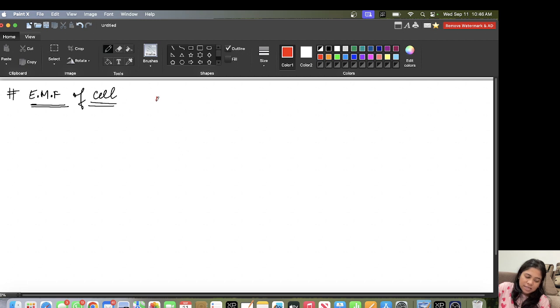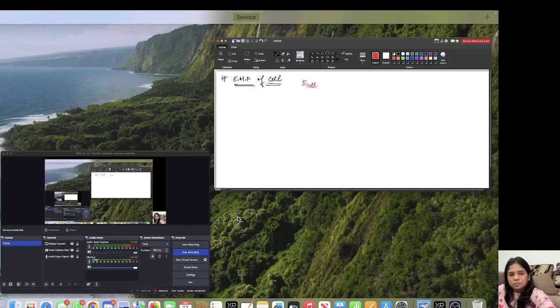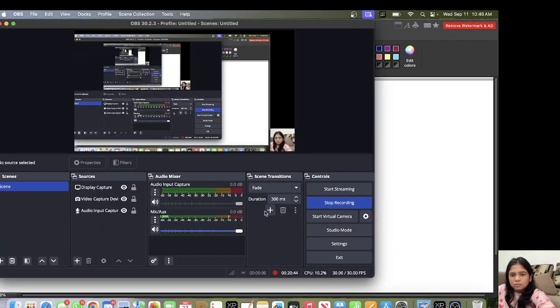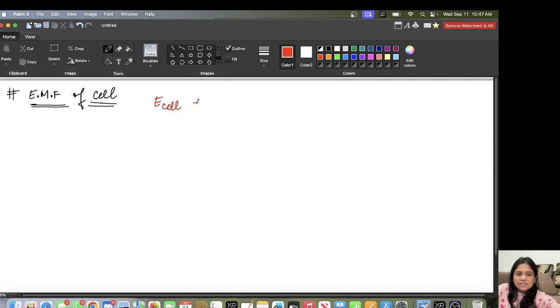EMF of the cell is calculated as E of cell equals E of cathode minus E of anode. Obviously, on both sides we are taking the reduction potential.